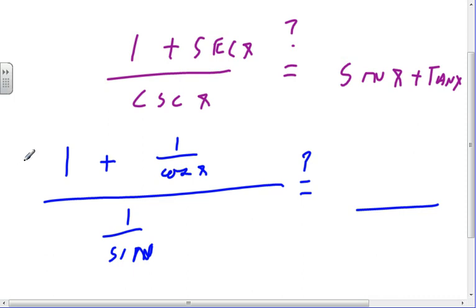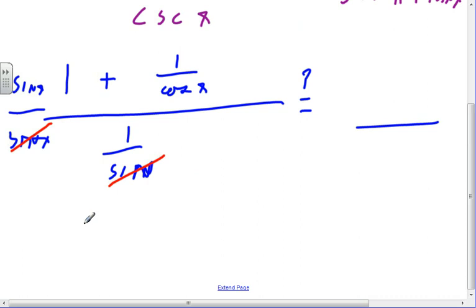I'm going to multiply top and bottom by sine, get out the red pen. Those sine x's go away, and I have sine x plus sine x cosine x.